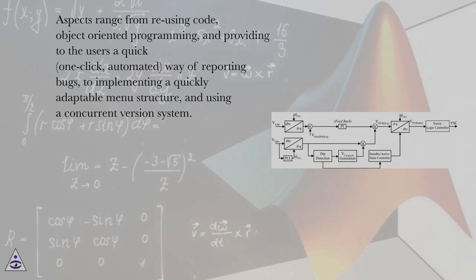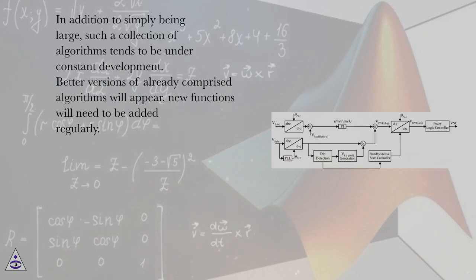Aspects range from reusing code, object-oriented programming, and providing to the users a quick, one-click, automated way of reporting bugs, to implementing a quickly adaptable menu structure, and using a concurrent version system. In addition to simply being large, such a collection of algorithms tends to be under constant development. Better versions of already comprised algorithms will appear, new functions will need to be added regularly.